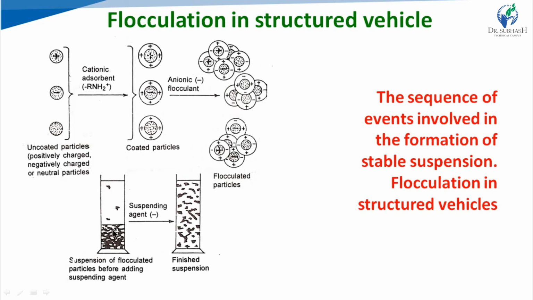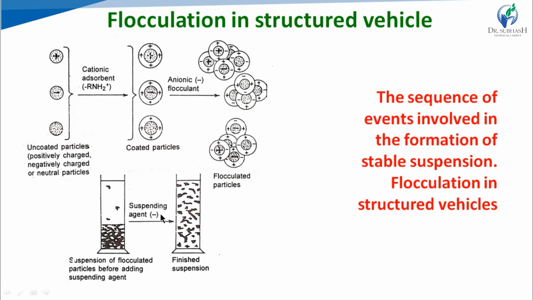See in this figure the suspension of the flocculated particles before adding suspending agent. In this condition we have a flocculated suspension, but due to the presence of flocks, this product has sedimented and the supernatant layer is very clear.